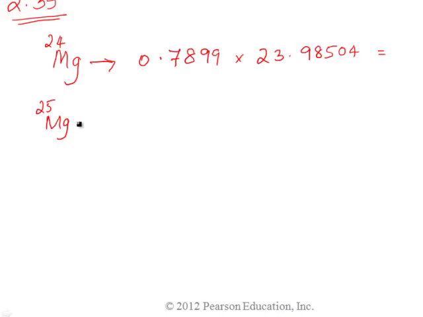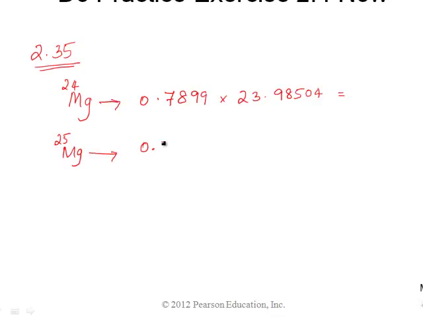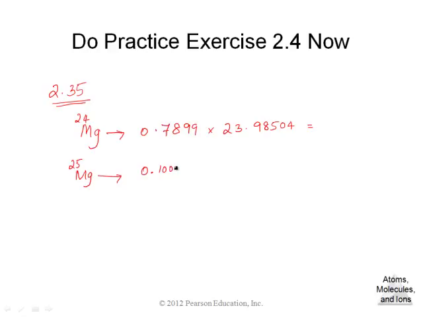Then the next isotope, Mg25, abundance is 10.00%. How do we use that? 0.1000. Multiply that by its atomic mass, 24.98584.